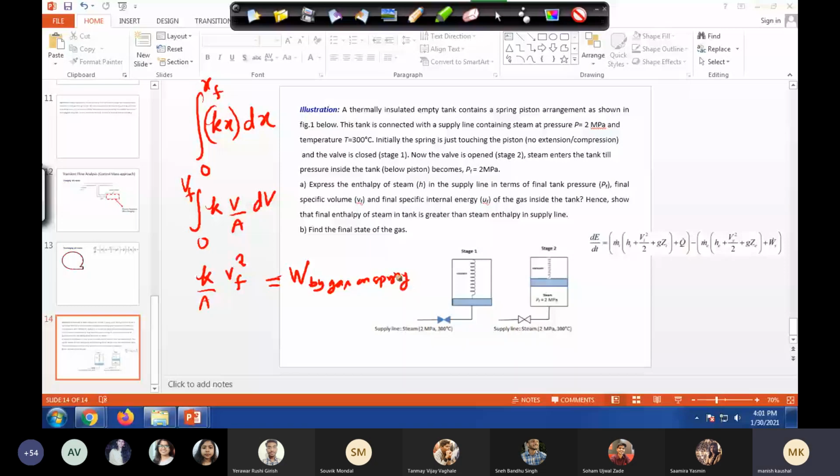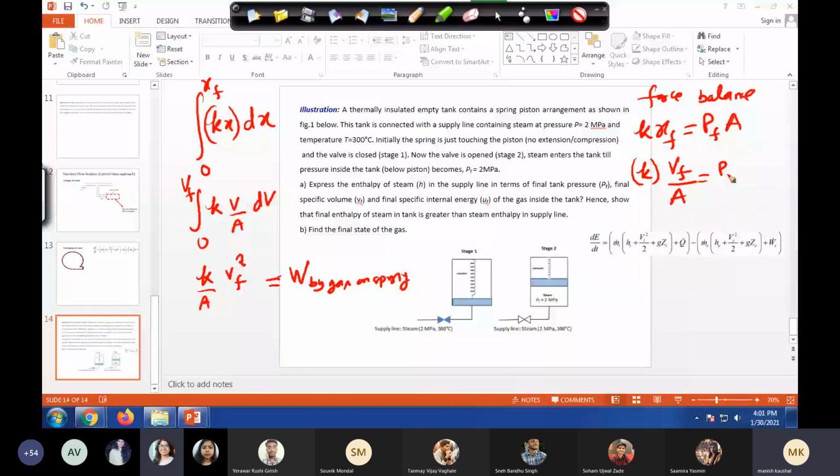And if you apply force balance, what can we write? From force balance we can write k xf is equal to the final pressure P times A, right? It means, if I write xf as vf by a, have I made any mistake?